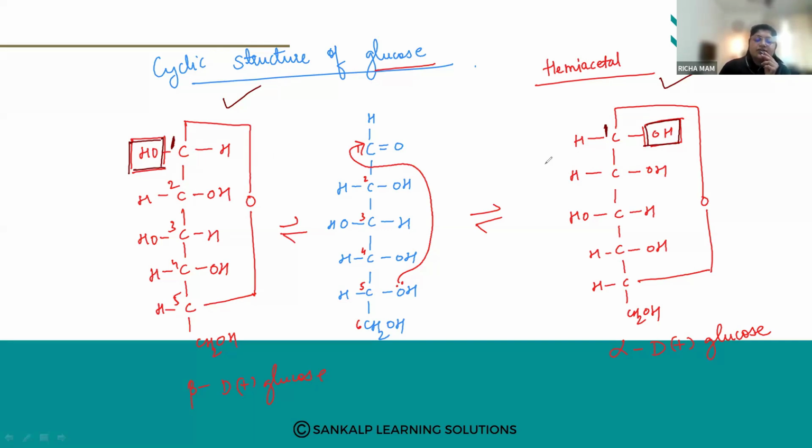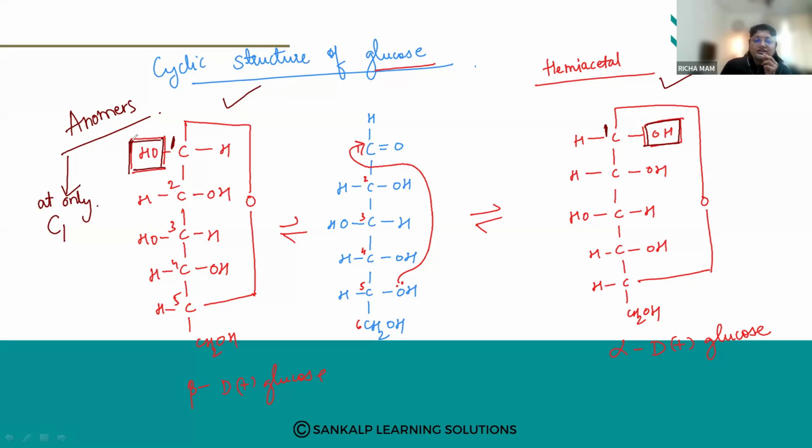Okay. So if there is a change in configuration at only C1 carbon, then such isomers are called anomers. Anomers are those isomers which show difference in the configuration at only C1 carbon. So these are the two isomers. What is the change in configuration?